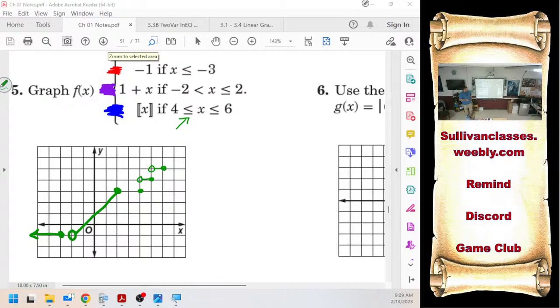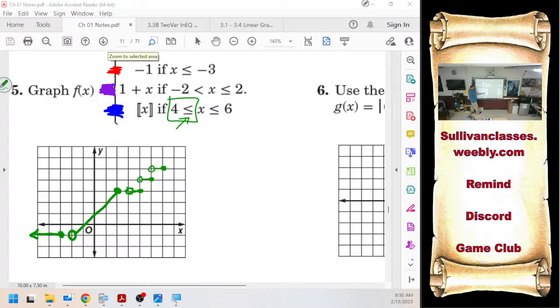No, I start when x is 4, and when x is 4, I'm supposed to be at the end of this guy right here. So isn't there a one right there between 3 and 4?